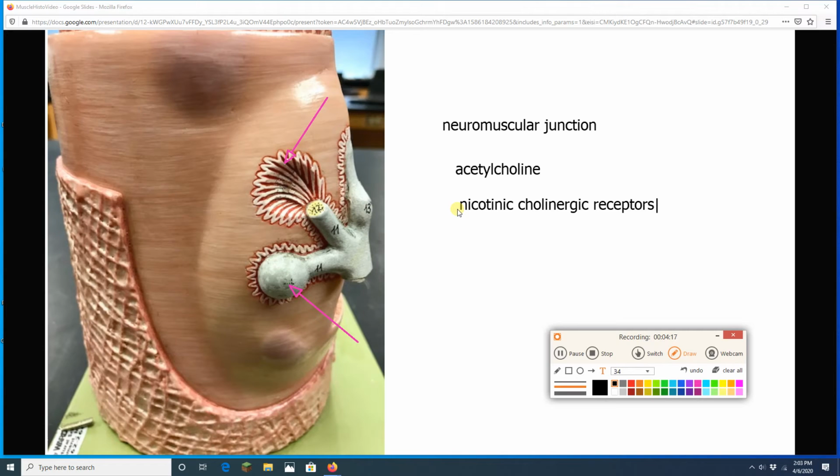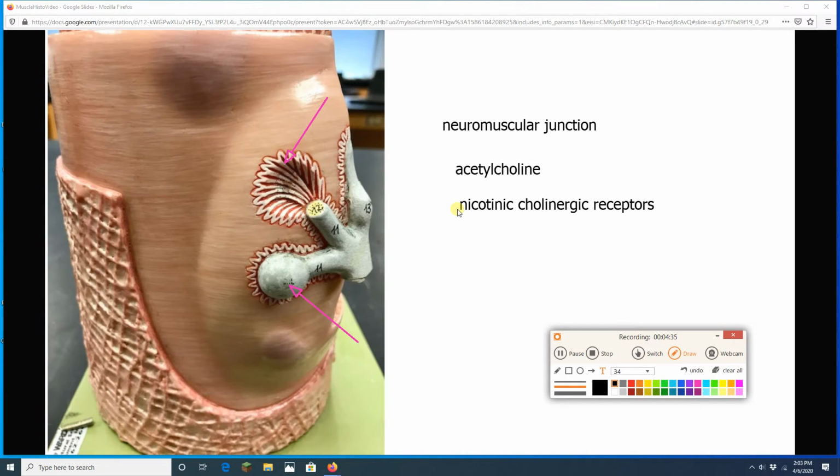And those receptors are actually ion channels. So when acetylcholine binds to them, those ion channels open, sodium rushes in, we get a gradient potential, we get an action potential, which travels along the muscle cell and gets that muscle cell to contract.